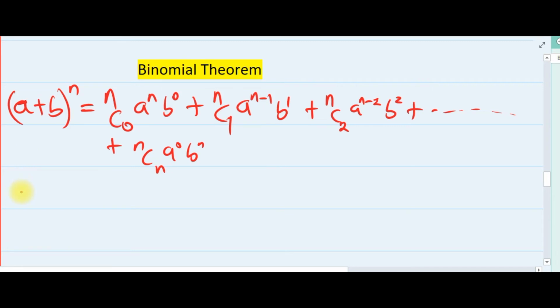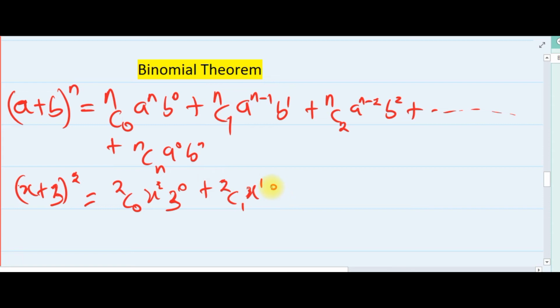For example, if you are given, okay, let's use x plus 3 raised to power 2. Our n is 2, so 2 combination 0 x^2, 3^0, plus 2 combination 1 x^1 3 raised to power what? 1.